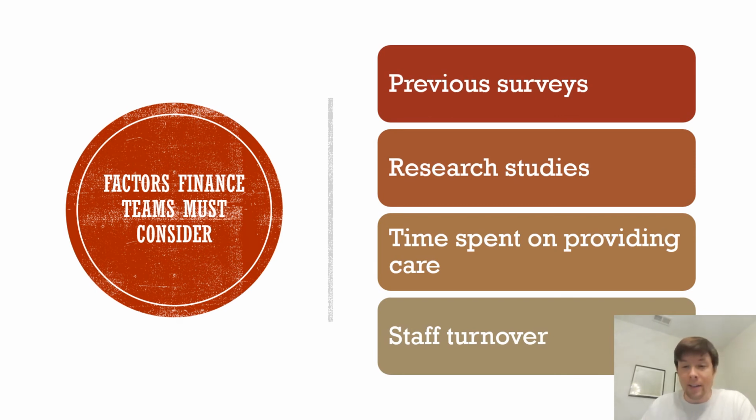Factors that the finance team will consider. So when you go running to the finance team and say, hey, we need to do XYZ, be prepared to bring some objective data. The nurse leader has hordes of objective data to bring to the finance team. Many of these reports contain objective data with proper funding that may contribute to a healthier budget. For example, previous health department surveys may show deficiencies in staffing or resident care.